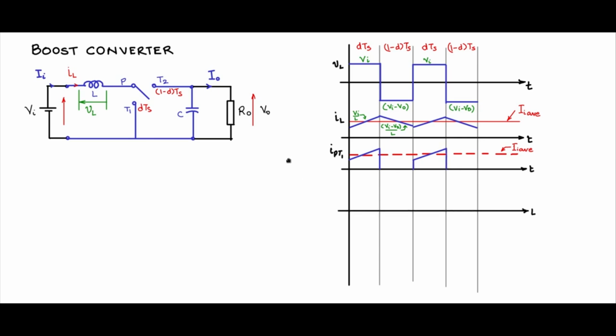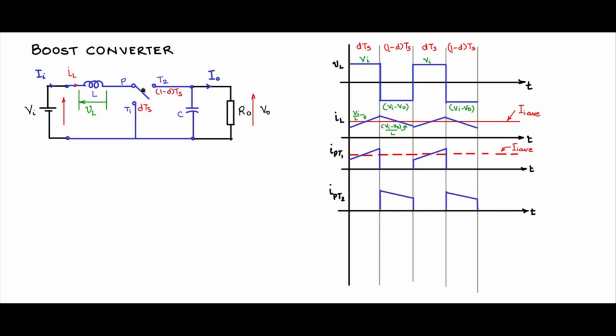Next, let us see what is the current through PT2. So during PT1 the inductor current flows through like that, and during PT2 during 1 minus DTS the current flows through PT2, and that is same as the inductor current portion during that time.